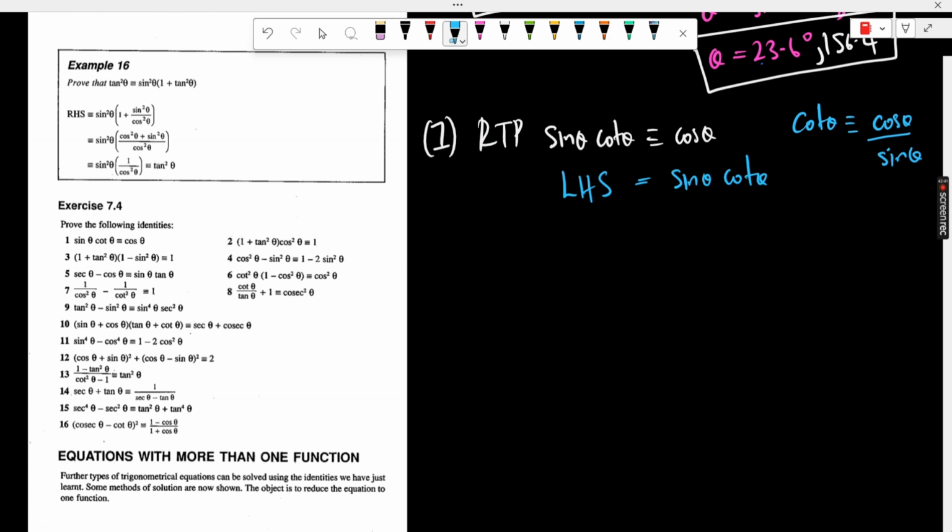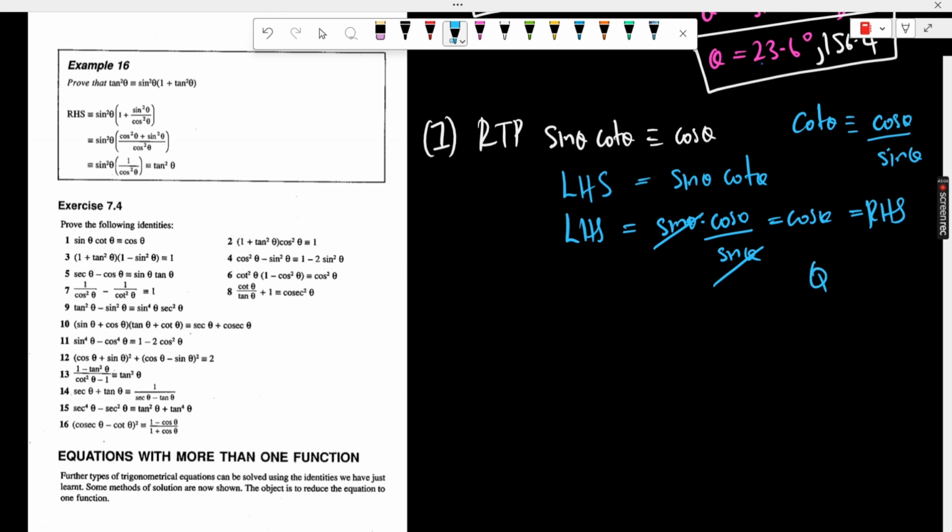Is that clear? Yes, sir. Right? So LHS is therefore equal to sine theta times cos theta over sine theta. These will obviously cancel, which leaves just cos theta, which of course is equal to the right-hand side.